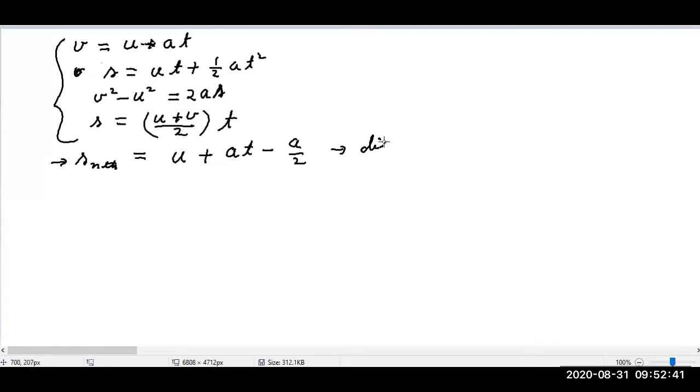So what is the meaning of nth second? It is the displacement after n minus 1 second to nth second. Suppose you are asked the displacement in 5th second.